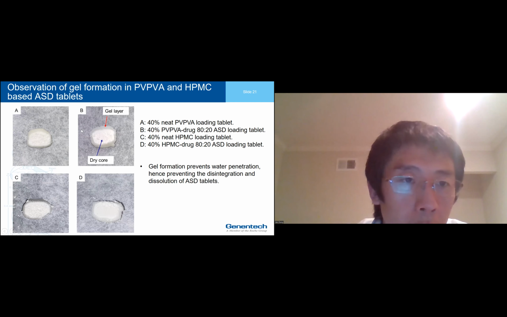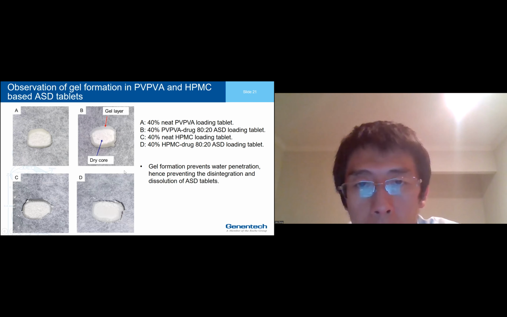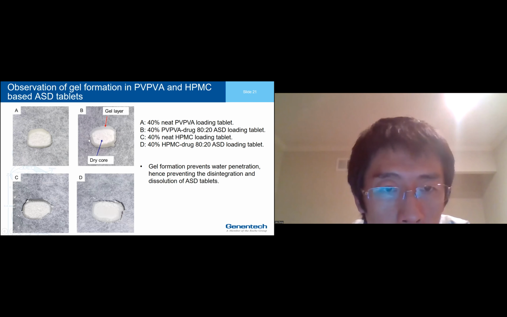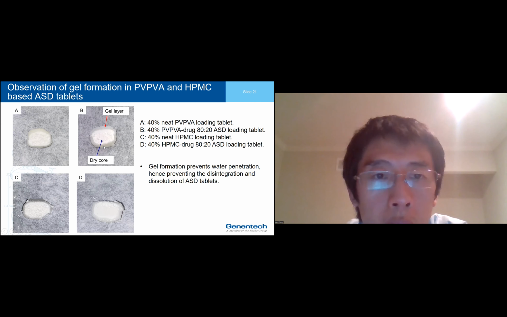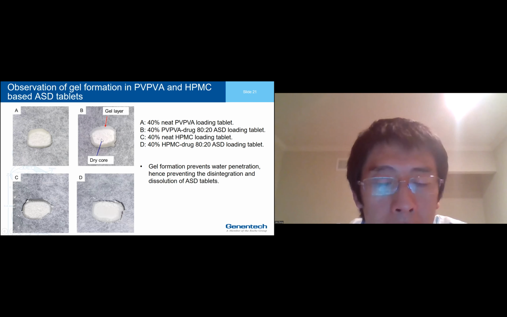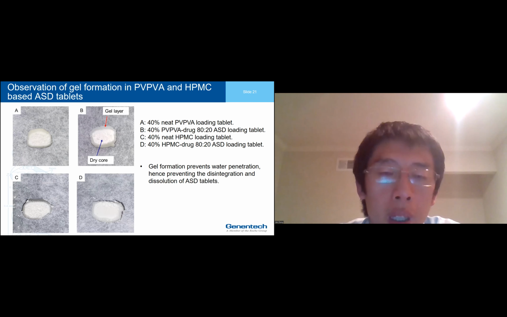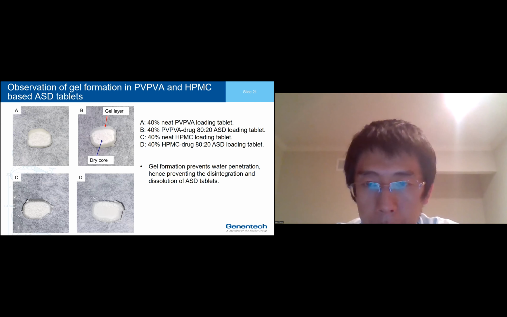We exposed the tablets to water for 10 minutes, and we found that due to the high viscosity of the polymer in water, the surface of the tablet became a gel, and this highly viscous gel can prevent water from penetrating into the tablet. So this gel layer and the inside of the tablet still maintain a dry core material. This prevention of the water penetration can prevent the disintegration of the tablets.